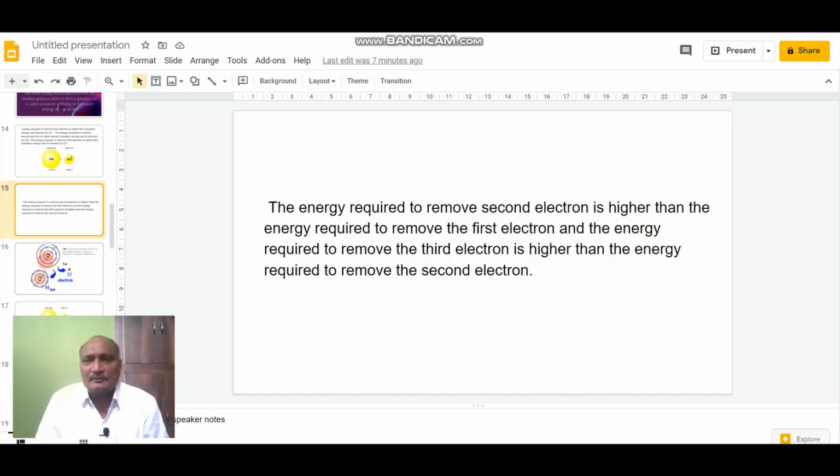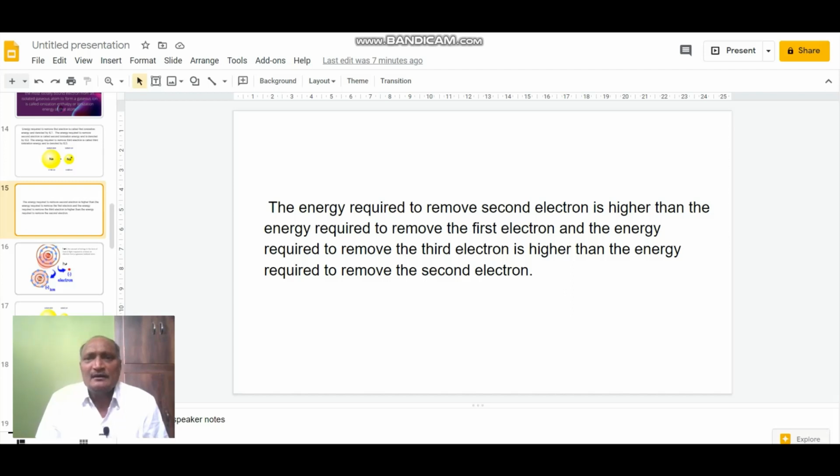With the formation of a cation, the net positive charge on the nucleus increases, and this increased nuclear charge attracts the orbital electrons more and more towards the nucleus. Hence, the removal of the second electron becomes harder.